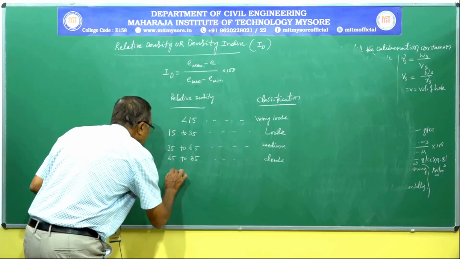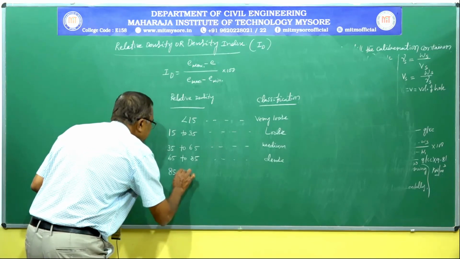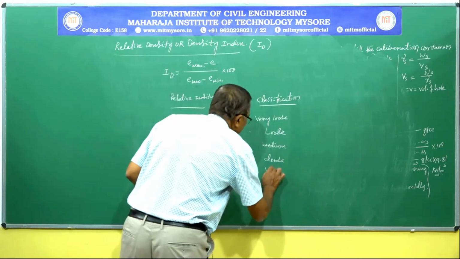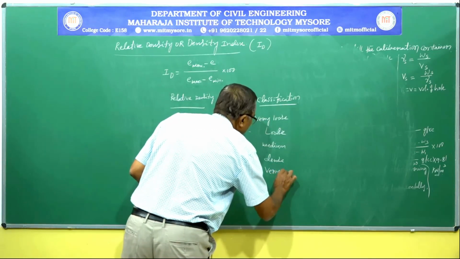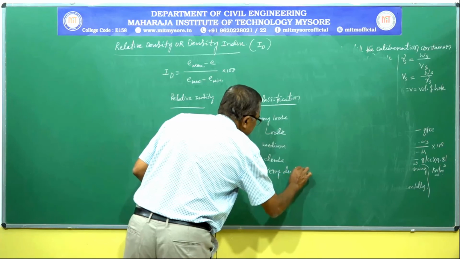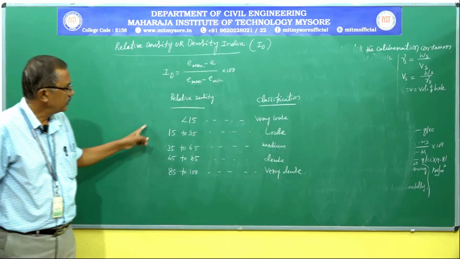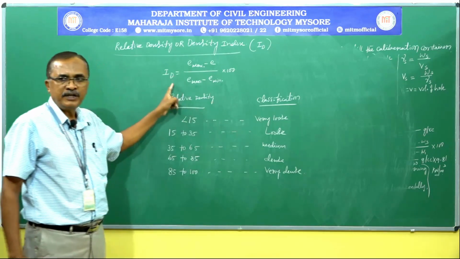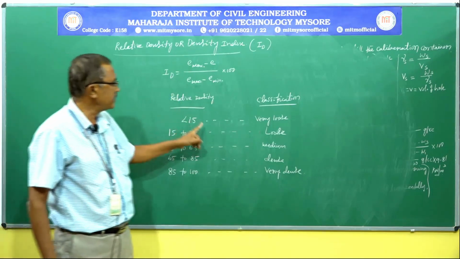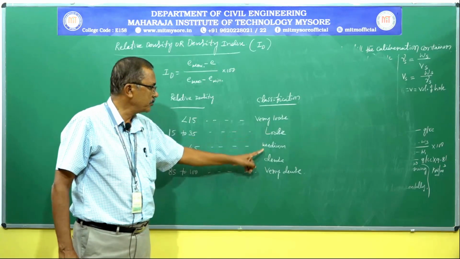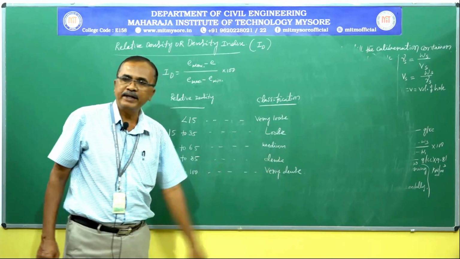If the relative density ranges between 85 to 100, then it is called very dense deposit. Like this, based on relative density, we can classify soil as very loose, loose, medium, dense, and very dense sand.